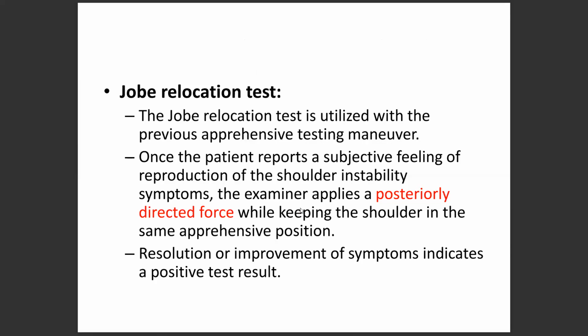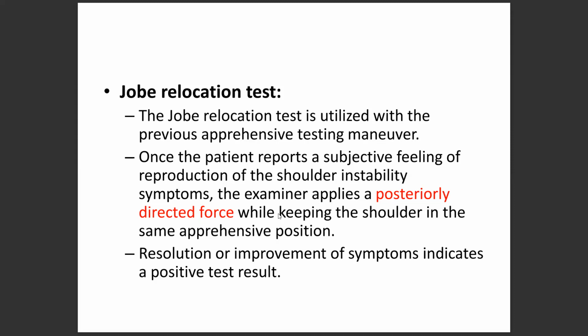The second test is the jobe relocation test. The jobe relocation test is utilized together with the previous apprehension testing maneuver. Once the patient reports a subjective reproduction of the shoulder instability symptom, the examiner applies a posteriorly directed force.